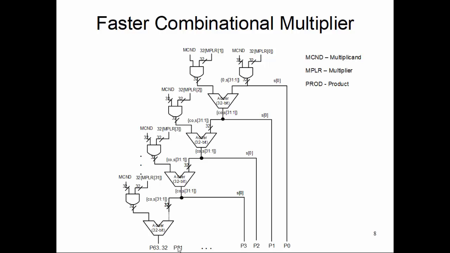Out of this adder we have 31 more bits, but we need 32. That 32nd bit is basically the carry out. So we combine the carry out and the rest of the 31 bits to make the 32-bit high register. So this P63 is practically the carry out of the adder from the last addition operation, and that gives you a total of 64 bits of result.